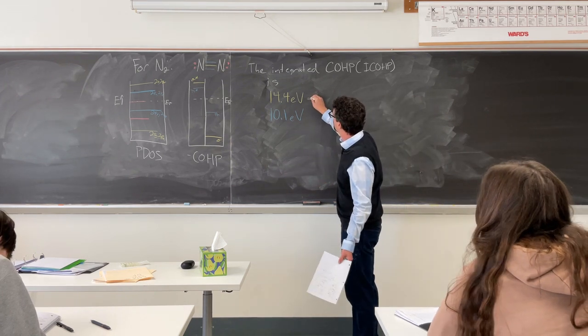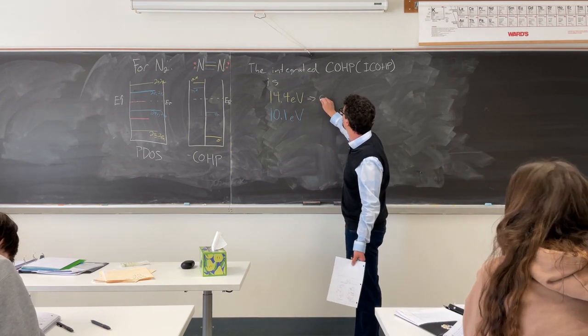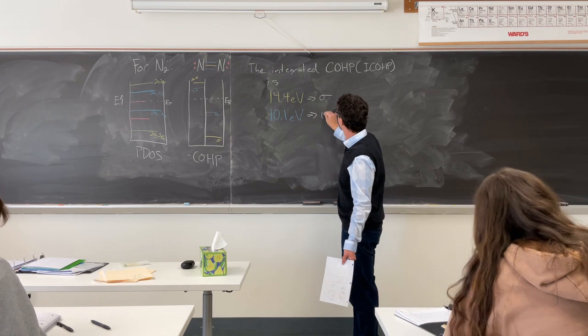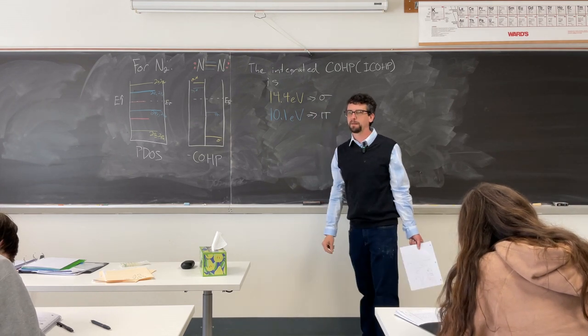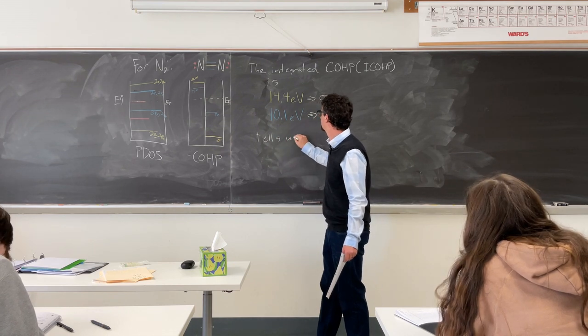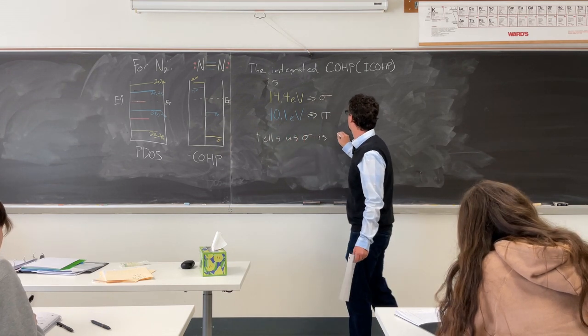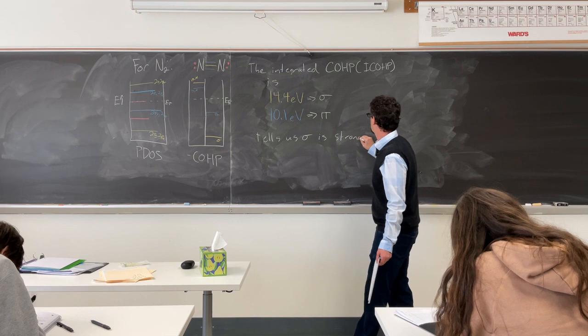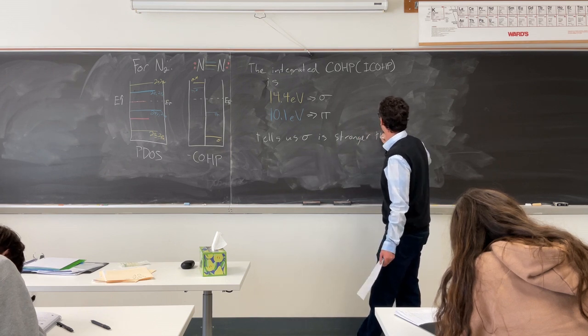So this is for which interaction? This one? Okay, what does this tell us about the bond strength? Sigma is stronger. Yep. So sigma is stronger than pi.